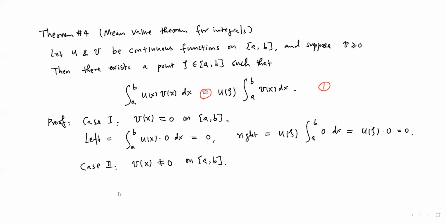Say for example, let me draw a possible graph of V. A, B. V non-negative, and at least at one point, function value greater than 0 and also continuous.